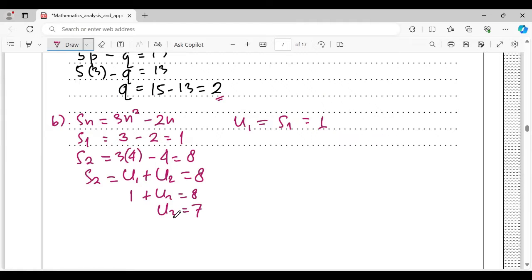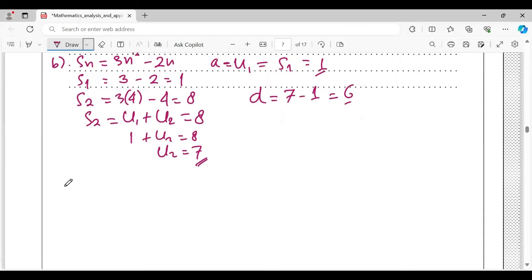So it means a equals U1 equals S1 equals 1. And the common difference equals 7 minus 1, which equals 6. Now we're going to find U6.